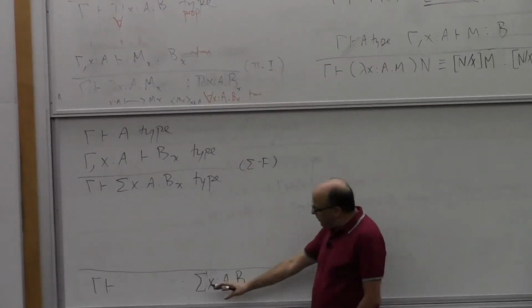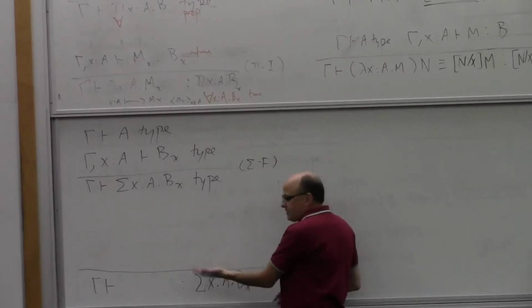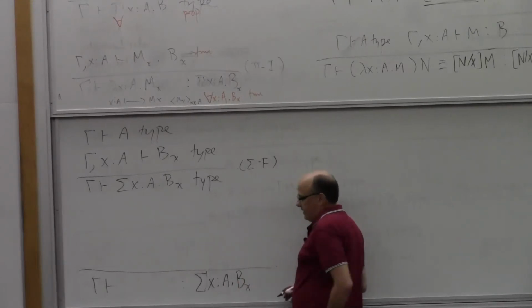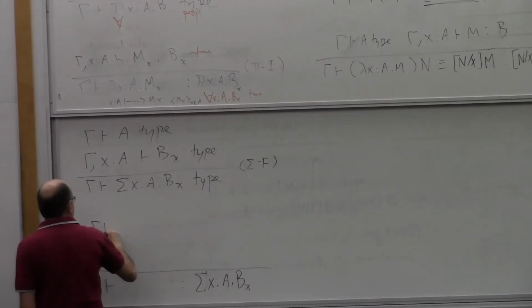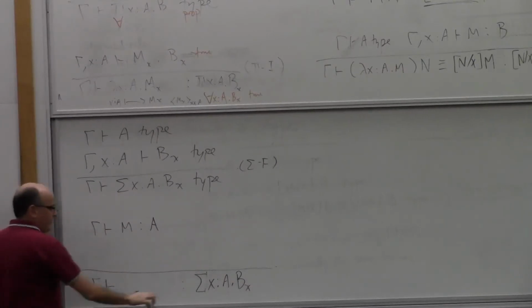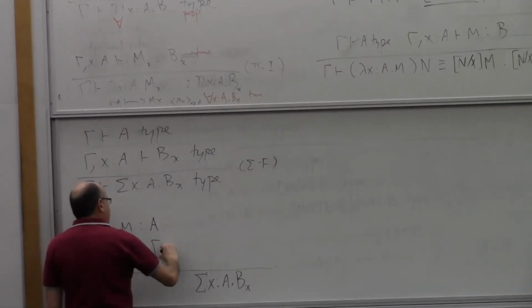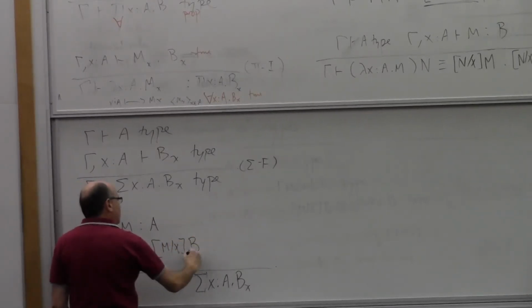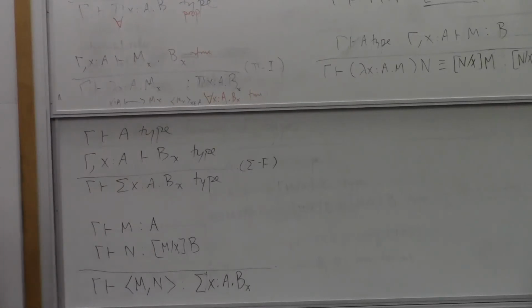This is supposed to be thought of as the big disjoint union indexed by A. So it's the big sum over the type A of each of the elements of type B of X. The elements of that type can be thought of as consisting of an index element M, saying this is the particular element of A I'm talking about, and an element N whose type is B of M. And in that case, the pair M, N becomes an element of the sum, sigma x in A, B.